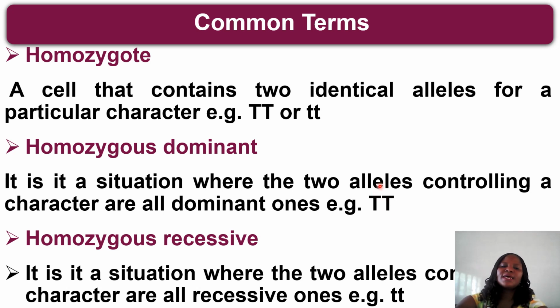So we can say that they are homozygote. Then homozygote recessive is the situation where the two alleles controlling a character are all recessive ones. For example, we can use the small t to represent the recessive allele for homozygotes.